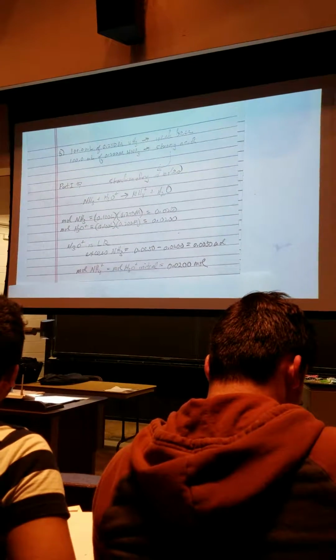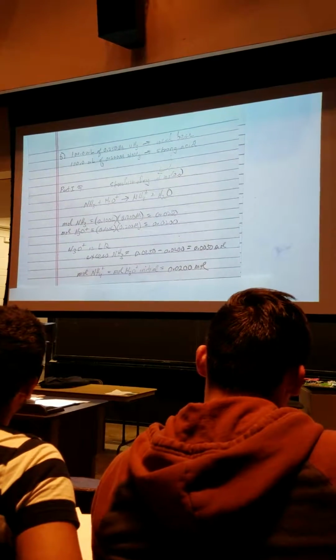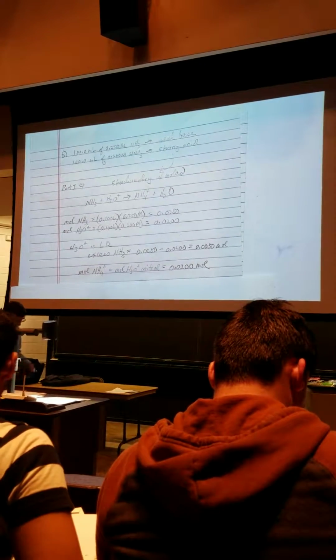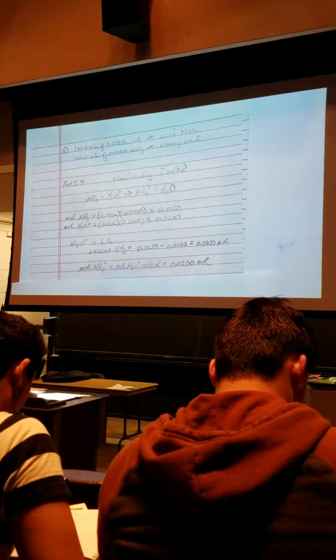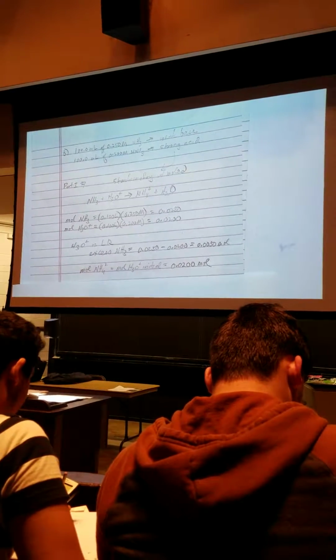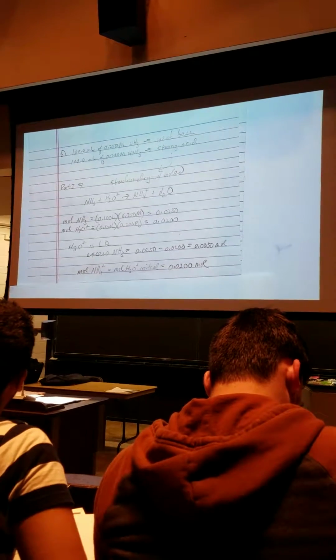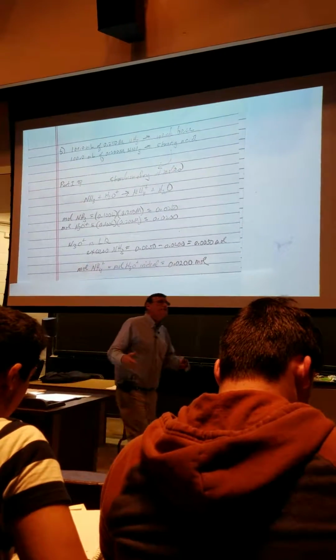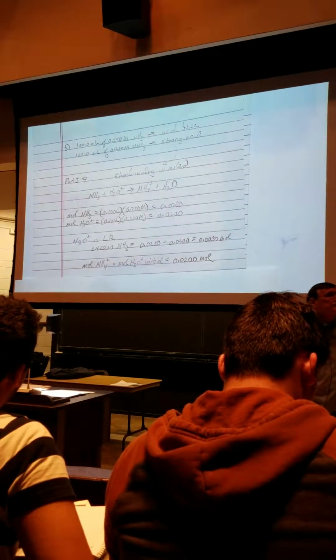All the H3O+ reacted with the ammonia to form the ammonium, NH4+, and you have 0.02 moles of that. So after the stoichiometry, what do you have left in solution?